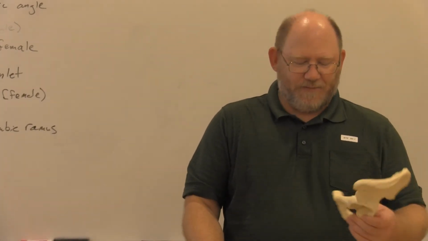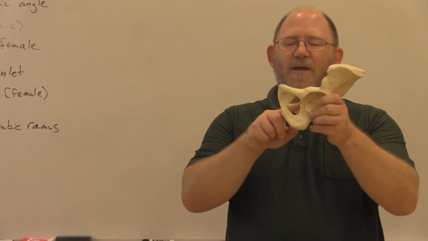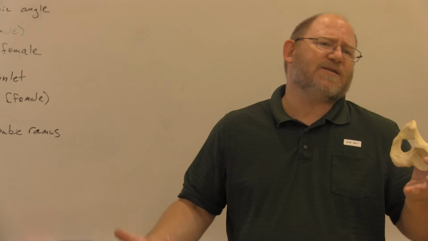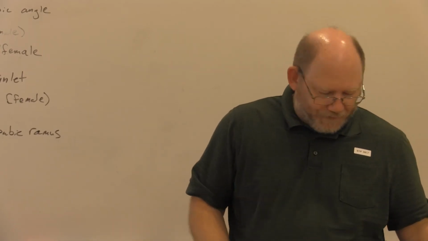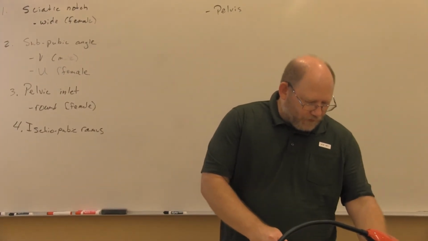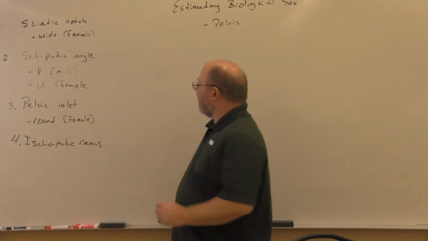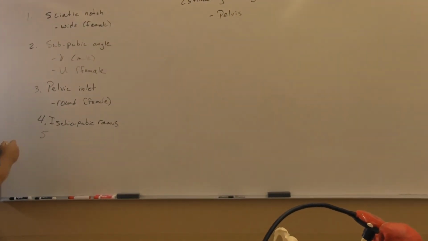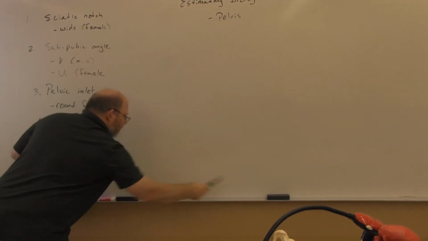In males, the obturator foramen is more classically oval shaped. All right, so let me write that on the board. Oops. Wrong marker.